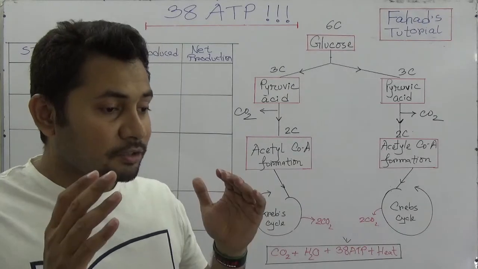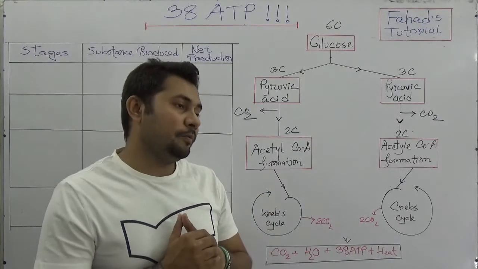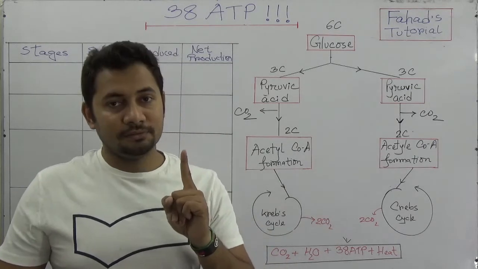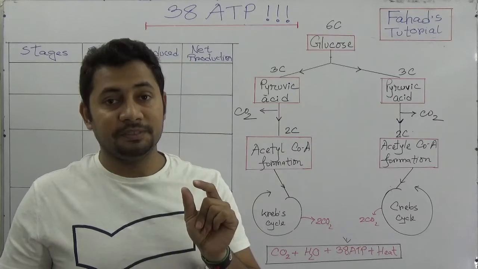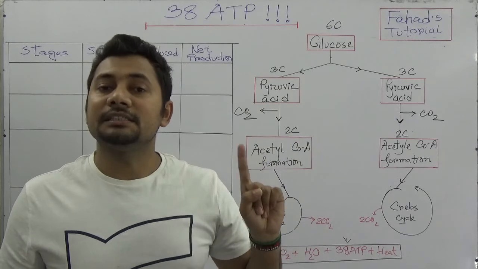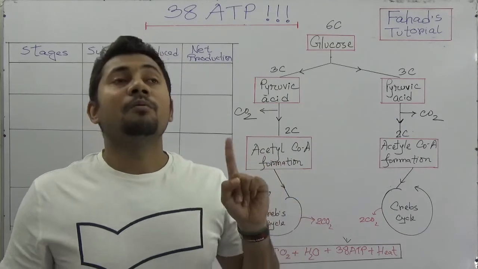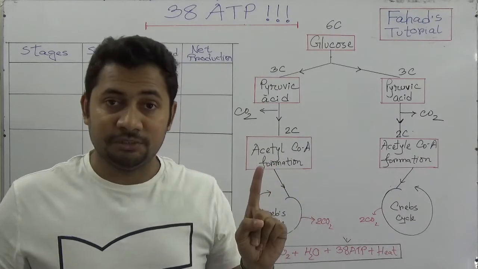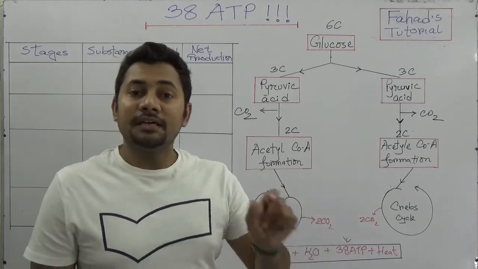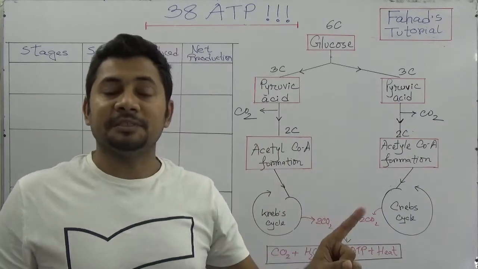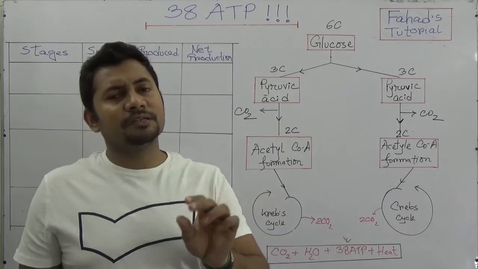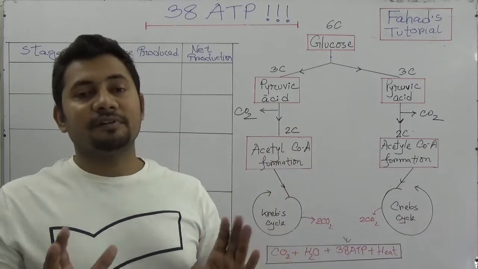is produced. To understand that, we need to know first that one molecule of NADH2 is equal to 3 ATP. That is very important. One molecule of NADH2 is equal to 3 ATP. One molecule of FADH2, that is flavin adenine dinucleotide hydrogen, is equal to 2 ATP, and one GTP is equal to 1 ATP, as guanosine triphosphate and adenosine triphosphate are similar.